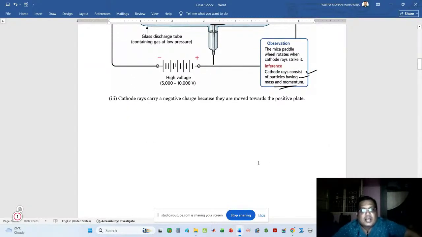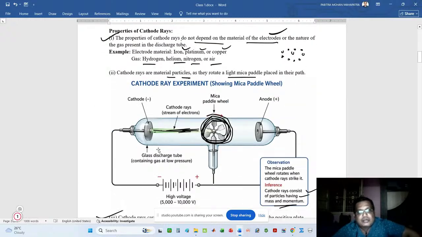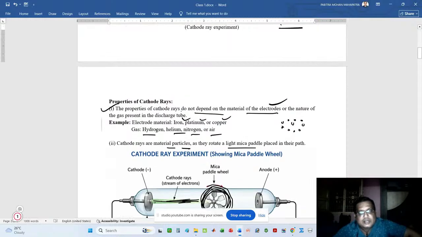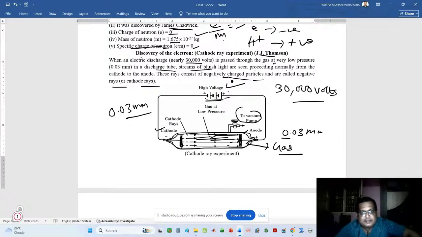Next point is that cathode rays carry negative charge. Here the third point is that cathode rays carry negative charge because the cathode ray moves towards the positive plate. Look at that. The charge of cathode ray is what? Negative, because the cathode is attached to the negative terminal of the battery.